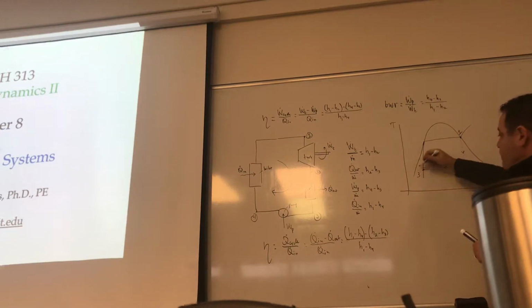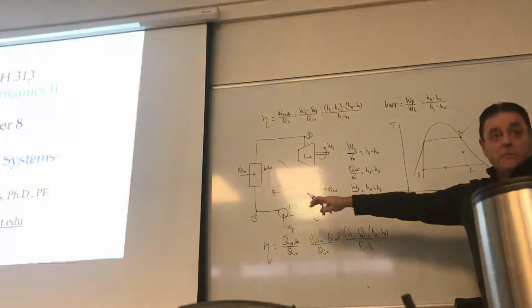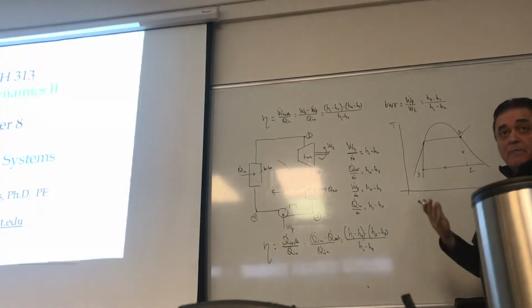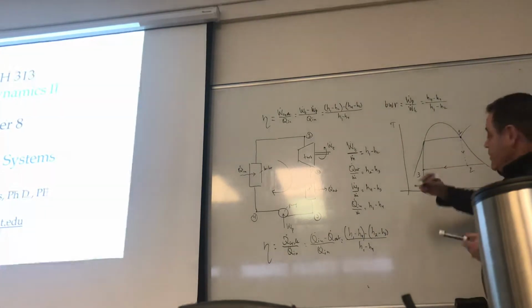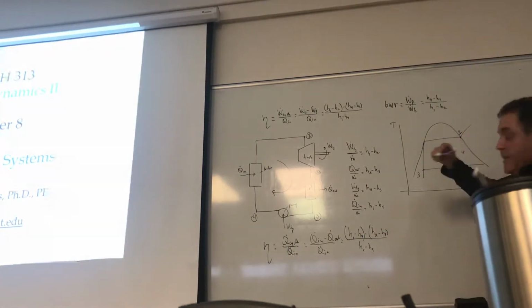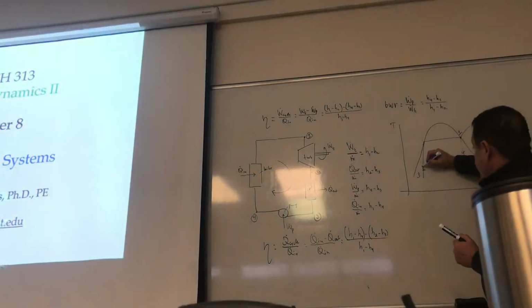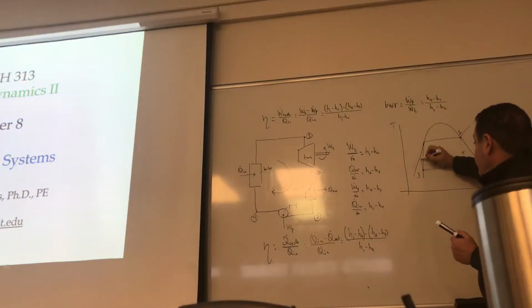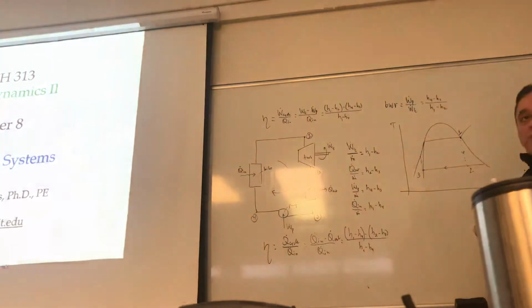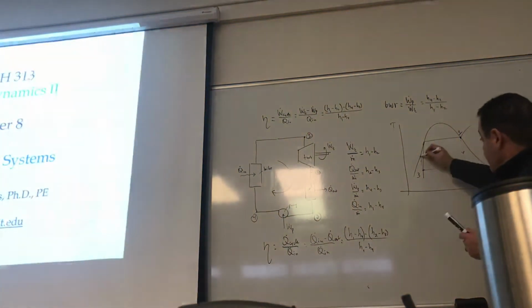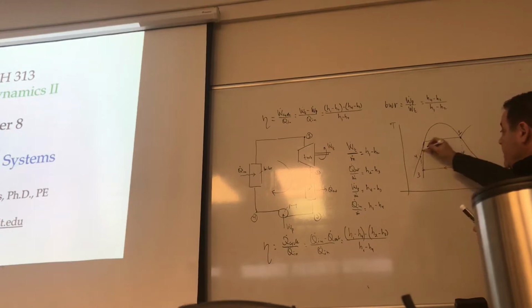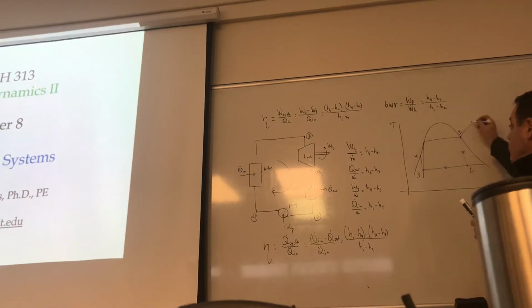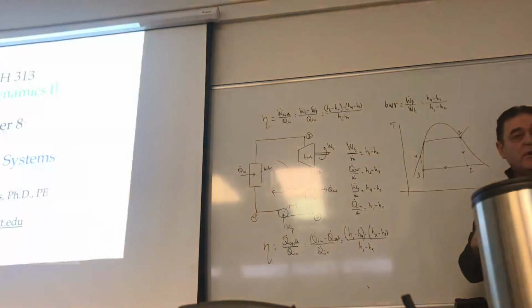Then between 3 and 4, I'm going through the pump, and the pump just increases my pressure, isentropically, so I move up until I hit the high pressure. We call this point 4. Between 4 and 1, you are going through the boiler.